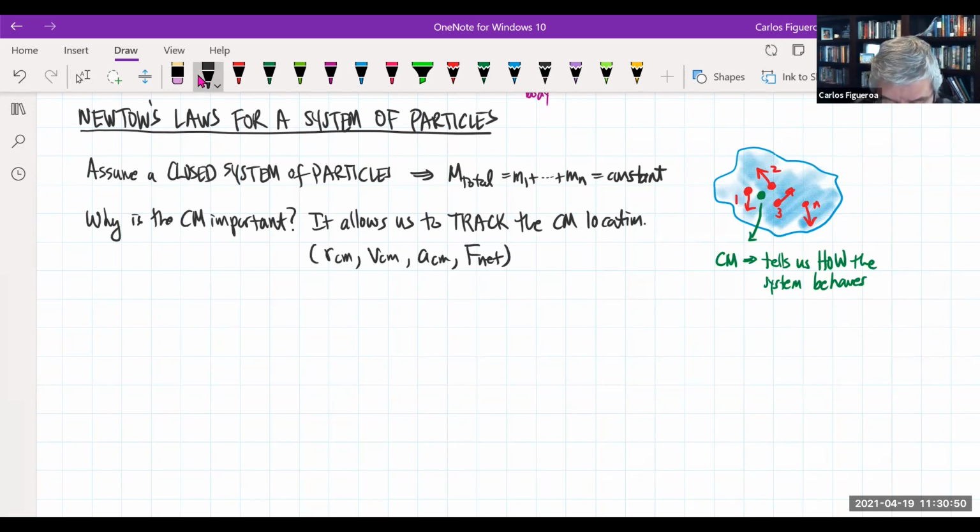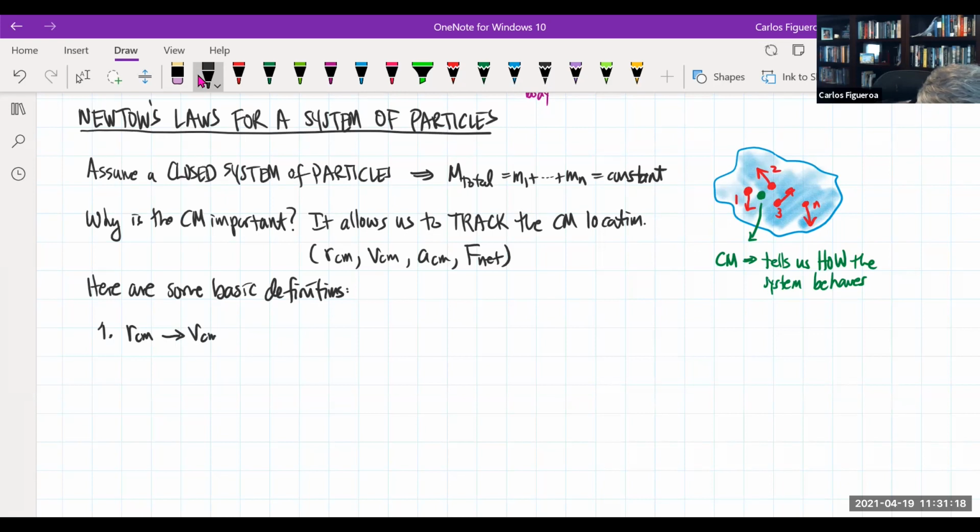So let's go do some very, very, very basic definitions. Okay, so here are some basic definitions. The first thing that we want to do here is start with position and get the velocity of the center of mass, right? So we're going to go from our center of mass to velocity of the center of mass.